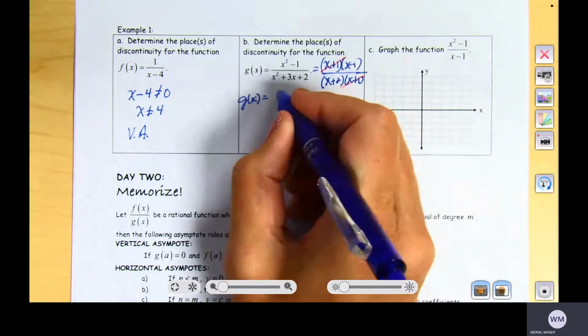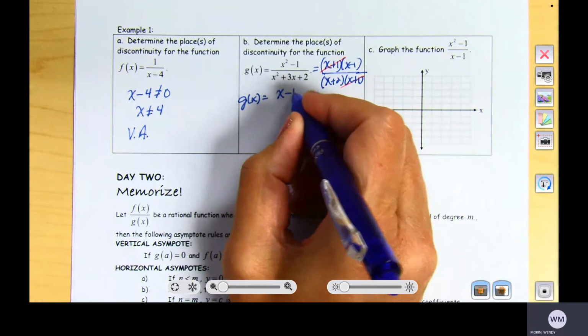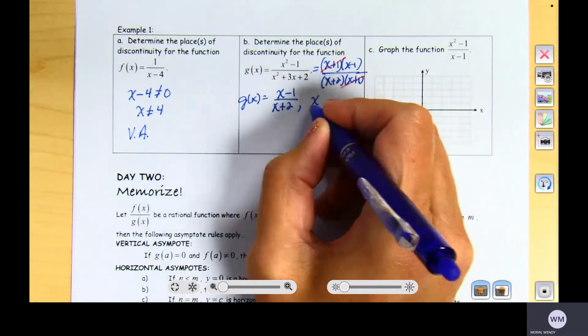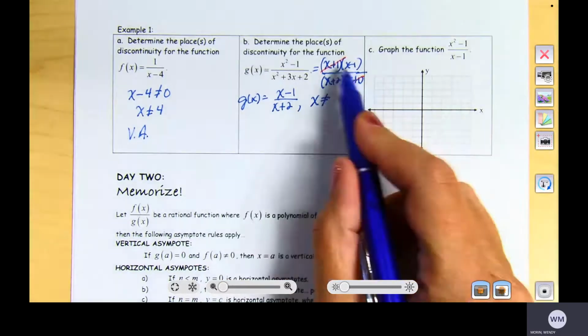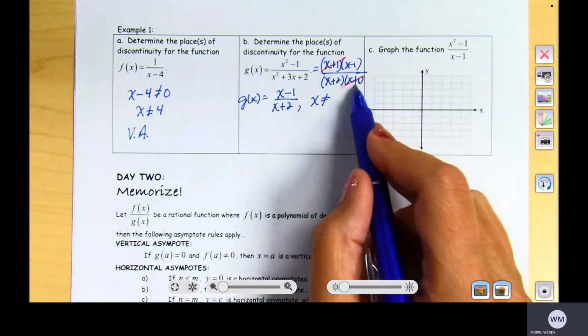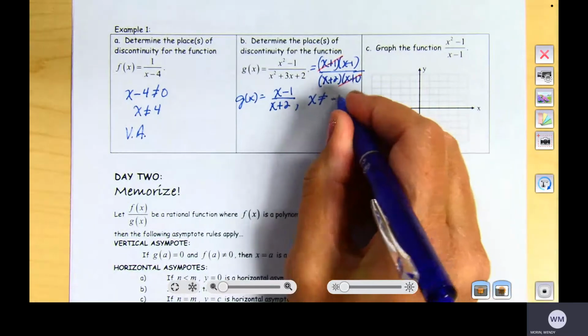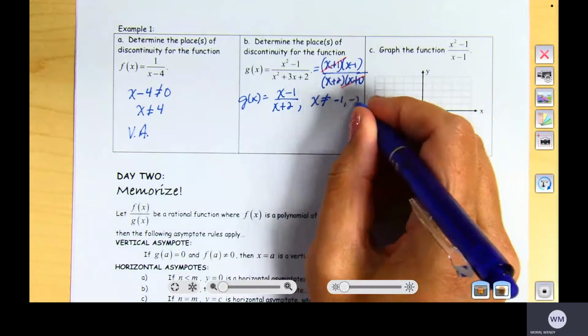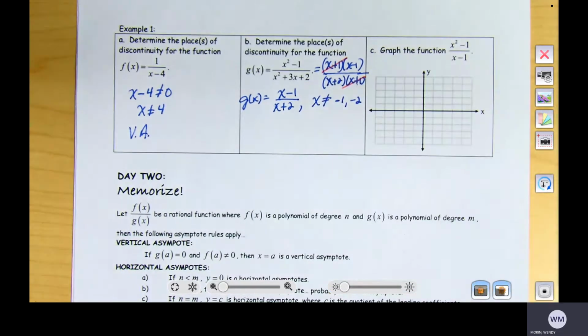You are left with a rational function, x minus 1 over x plus 2, and x cannot equal -1, and it cannot equal -2. So it's either a hole or a vertical asymptote.